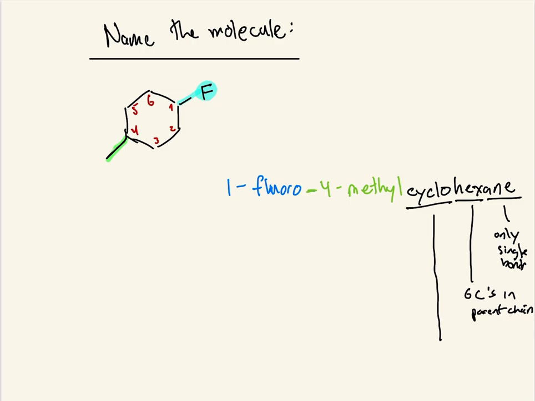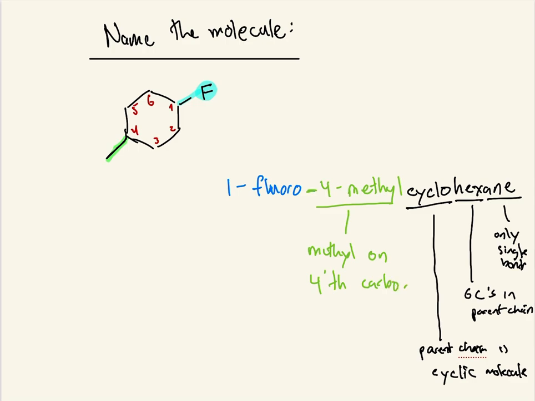Parent chain is a cyclic molecule. 4-methyl tells us what? Methyl on 4th carbon. And then 1-fluoro tells us fluorine on 1st carbon. Right, so each part of the name tells us something about the structure.